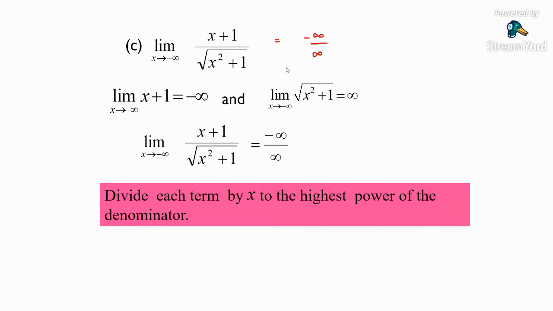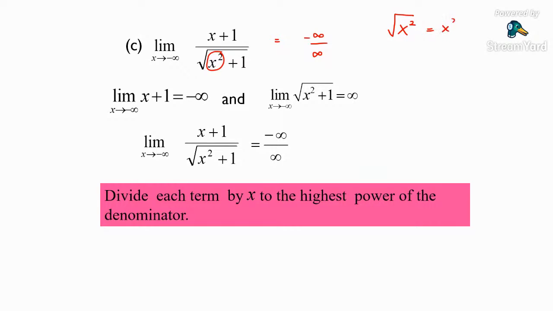So check your denominator and check what is the highest power. I got x squared in my denominator. However, outside of this, I got a square root. So I'm not having x squared as the highest power because I got another square root outside.